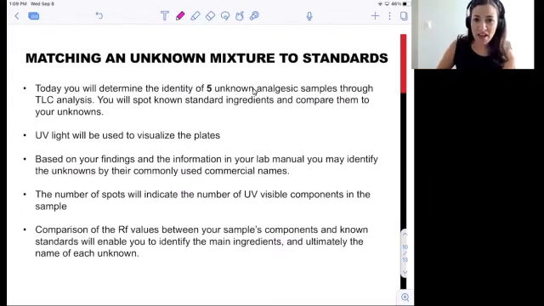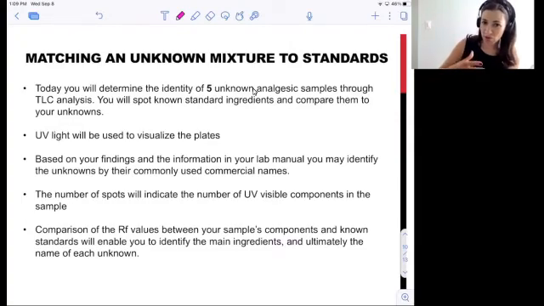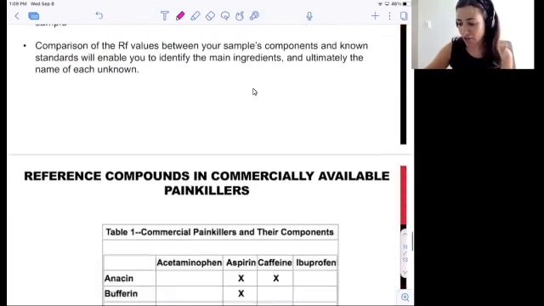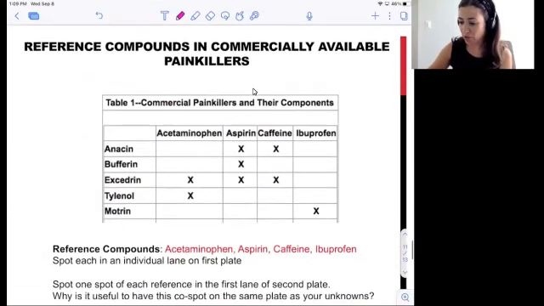Okay. And the number of spots will correlate to the number of components in your sample. And these RF values will really allow you to learn something about what specifically is making up each of the painkillers that you're looking at.